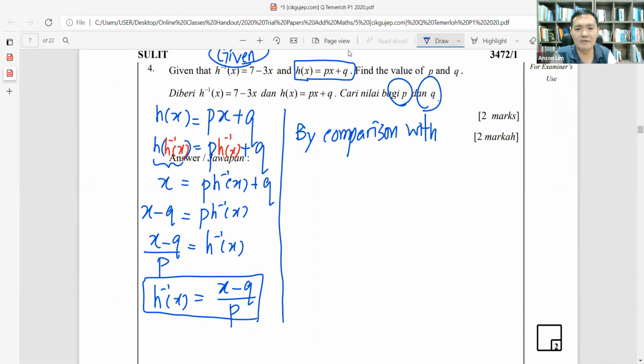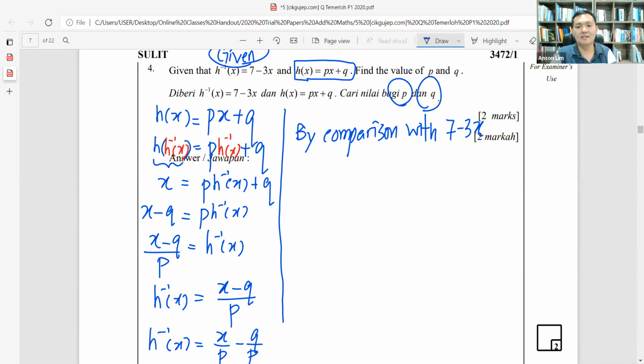Yes, okay, with 7 minus 3x. So your friend cannot see, never mind. I try to split them so that you can see. Here is a fraction. You can split become 2 fractions. By comparison with 7 minus 3x, you see coefficient of x, you can compare, right?